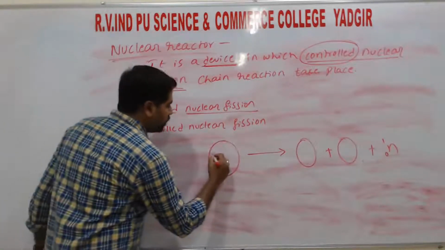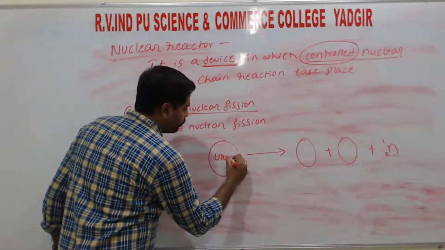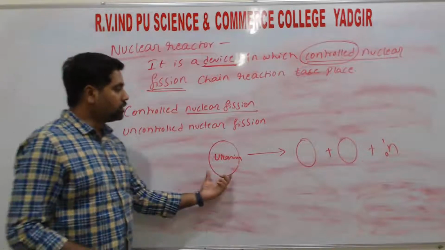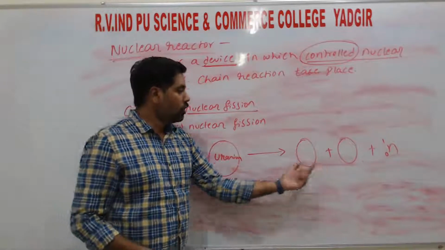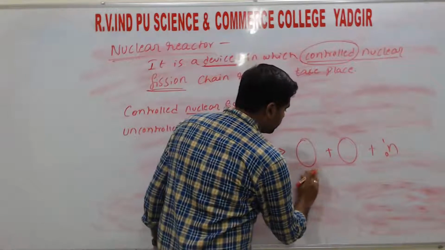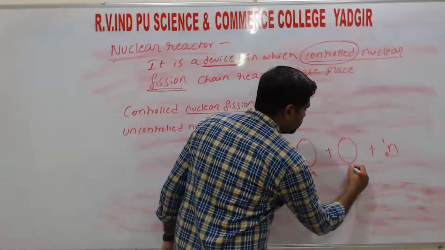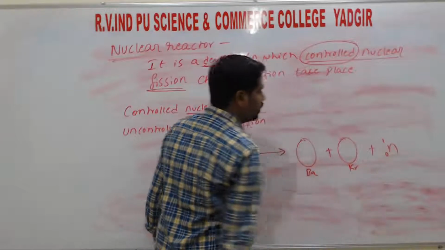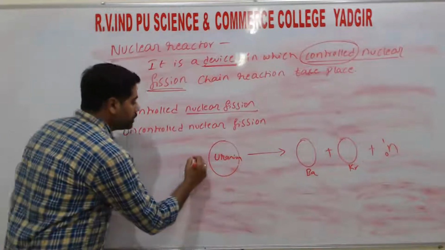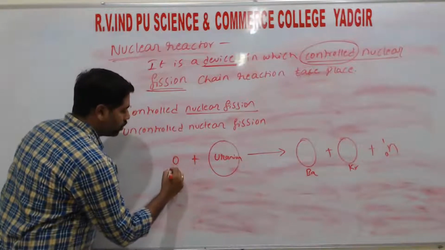So if we consider this one as uranium, as in the previous example also, this uranium splits into two nuclei, right? Here we take them as Da and Ka. These are the two nuclei.